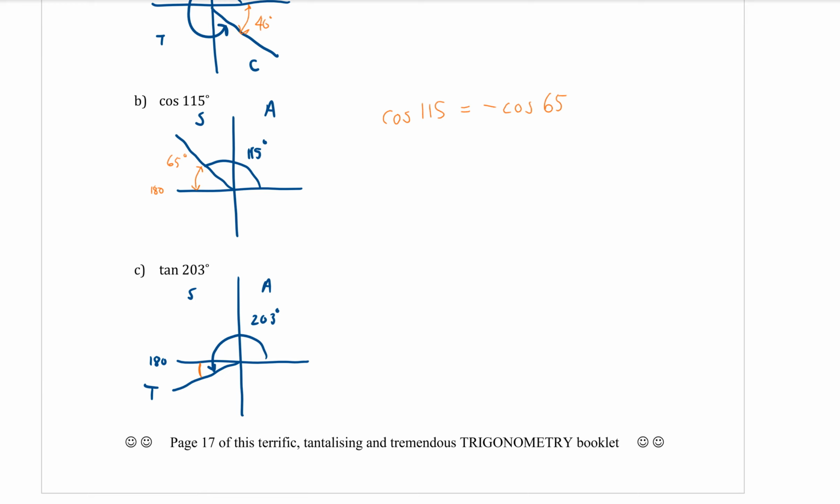We're going to have to go 203 minus that 180 to find that acute angle, which will be 23. So that means that tan of 203 is going to be equal to tan of 23, but check the sign. We're doing tan and we're in the tan quadrant, so it stays positive. Okay? Next page.